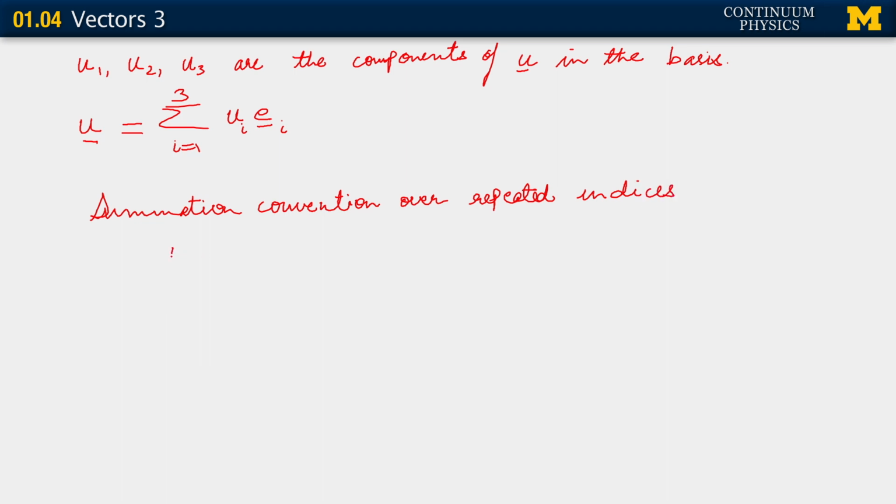What this says is that now I can write u as simply ui ei, and for the very first time, and maybe even the very last time in the series of lectures, I'm going to put a little note here which says that sum is implied over i equals 1, 2, 3. What that means is that we read this not just as ui ei, but summing over i, so that is u1 e1 plus u2 e2 plus u3 e3.